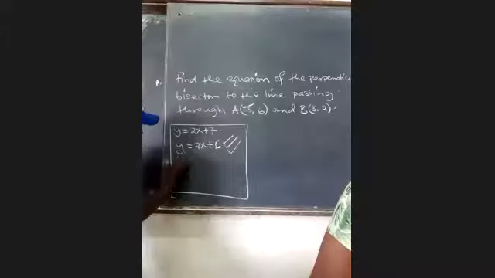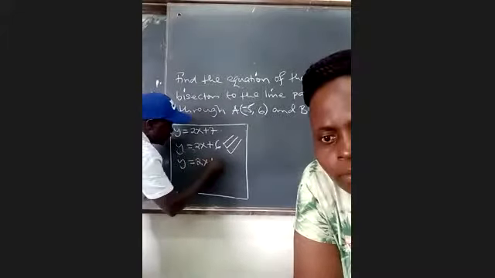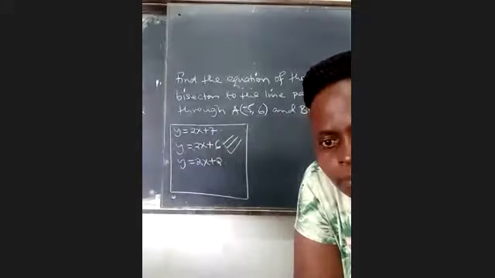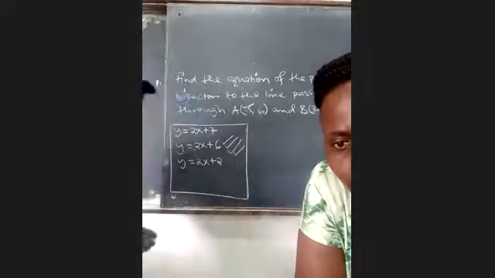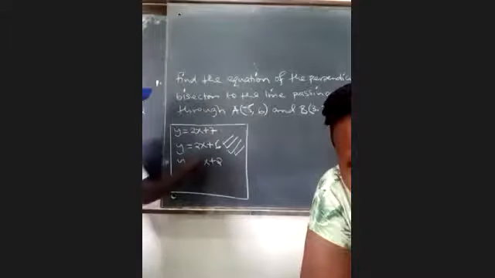Y is equal to 2x plus 2. Who is that one? Esther. Okay, Esther, good. So I got y is equal to 2x plus 6. Okay, another tick there. I also got y equals 2x plus 6. Another tick there.